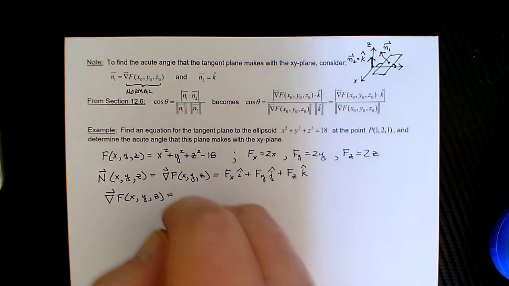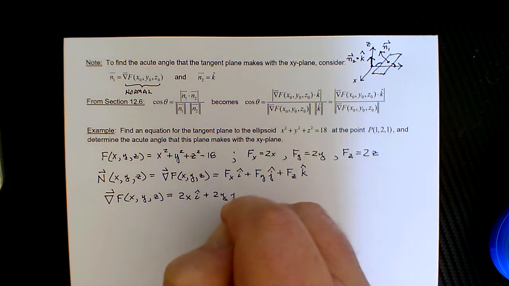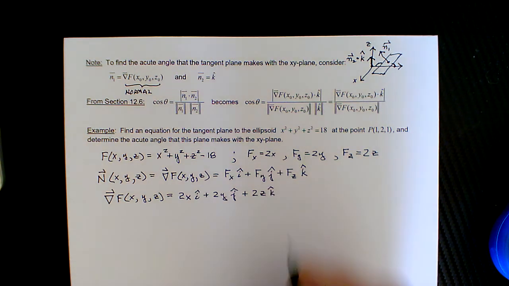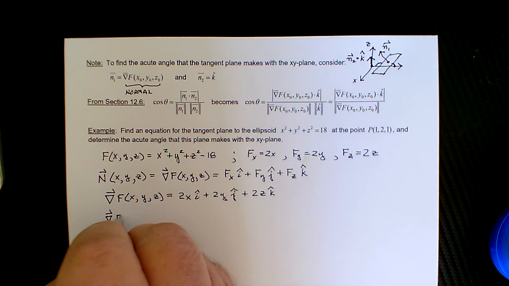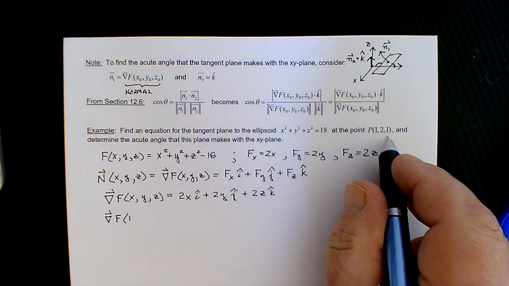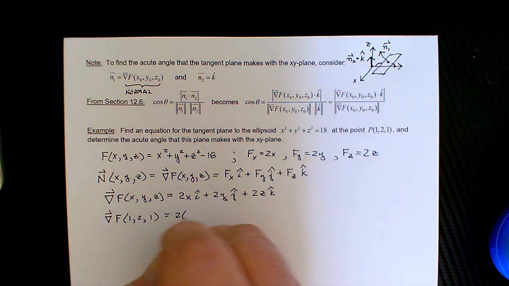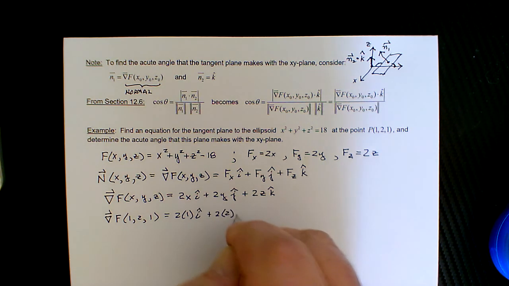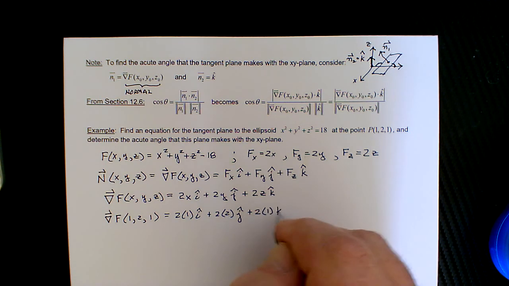That's going to be 2x i plus 2y j plus 2z k. So then the gradient, which is the normal vector at the point where we have 1, 2, and 1: 2 times x is 1 i, plus 2 times y is 2 j, and then plus 2 times z is 1 k.